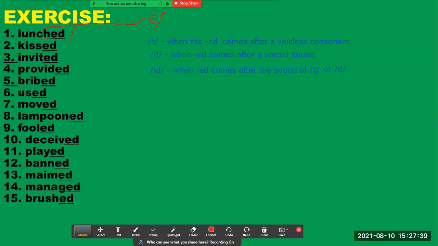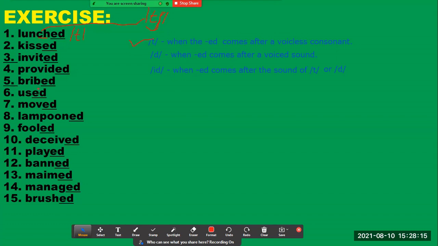This is the sound we have in church, in chair, and in cheese. It is a voiceless consonant, and because ED is coming after this voiceless consonant, it is pronounced T. And that obeys rule number 1. All right?